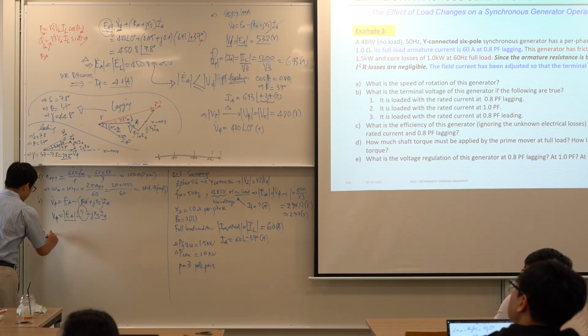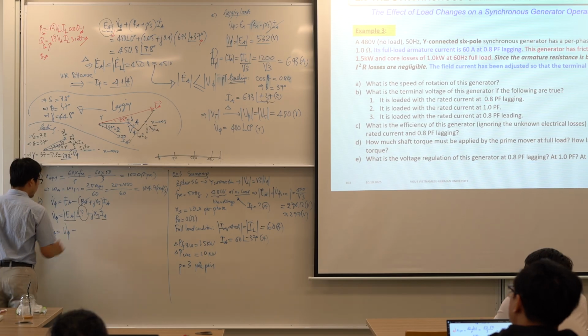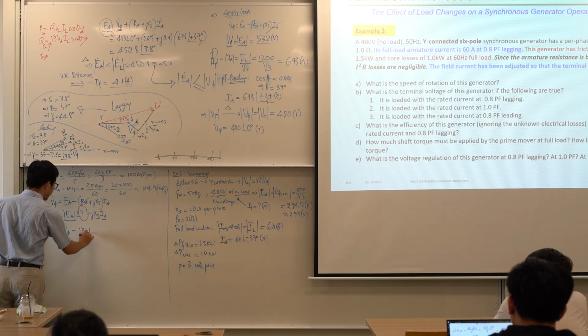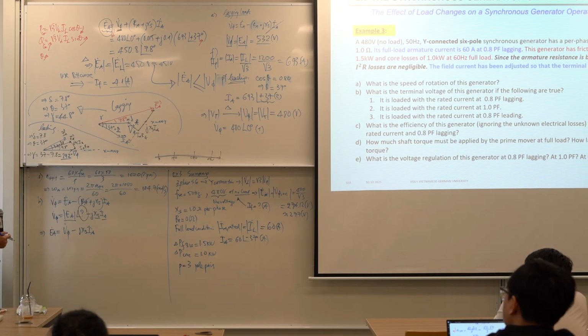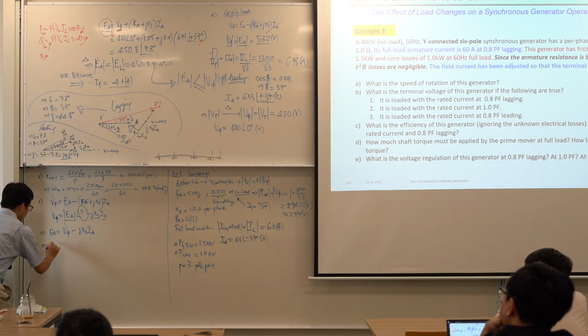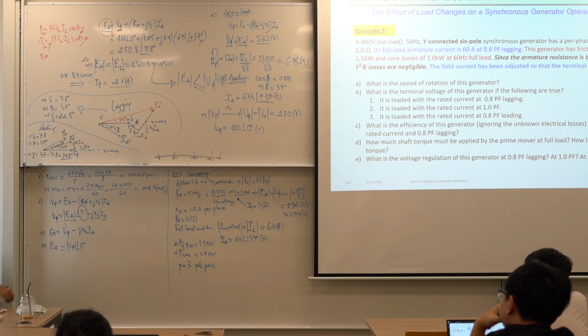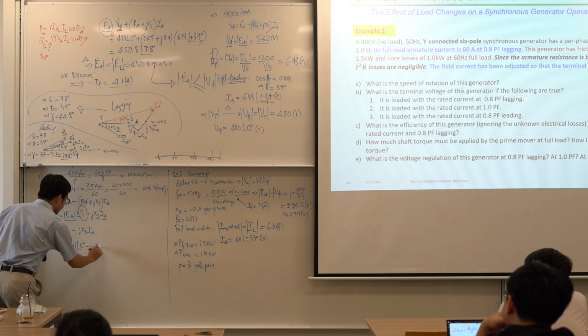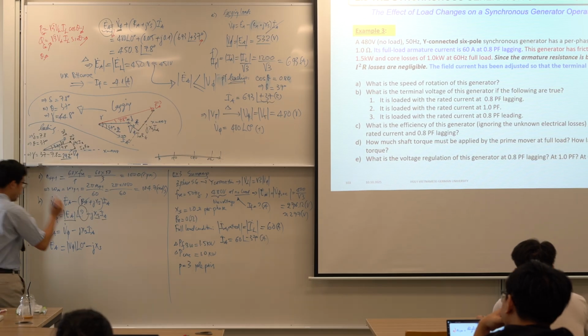Now we modify a little bit. We have EA is V phase minus JXS IA. Do we know the phase angle of V phase? Normally it is 0, right? So here we have EA is V phase with 0 degree, minus JXS IA.